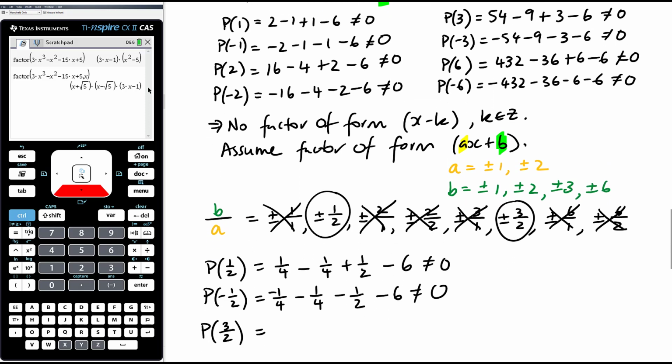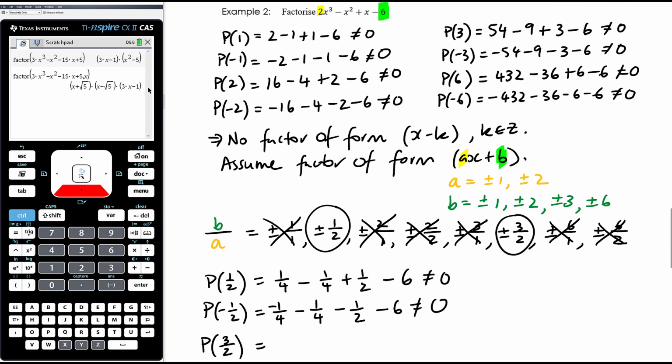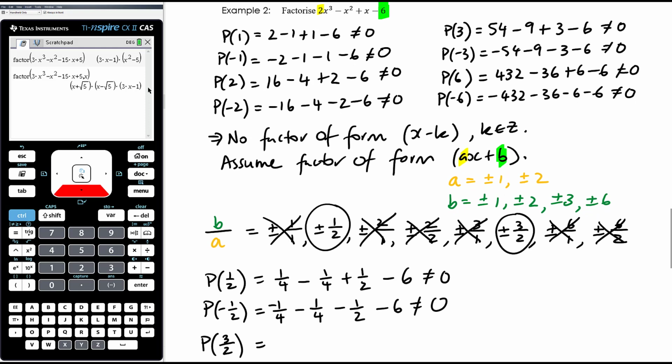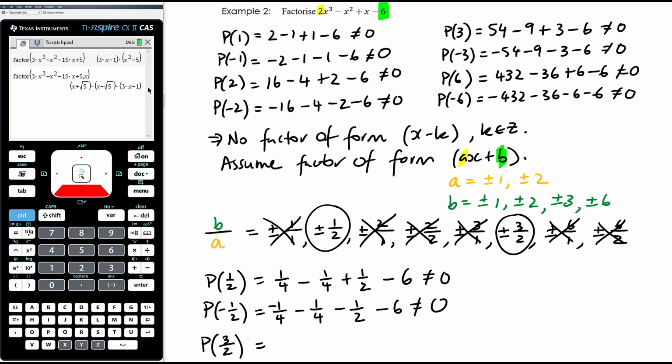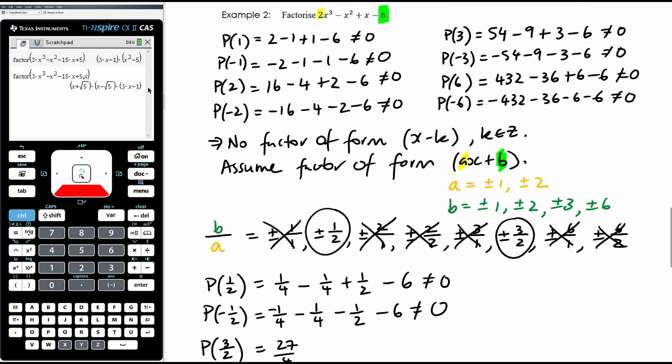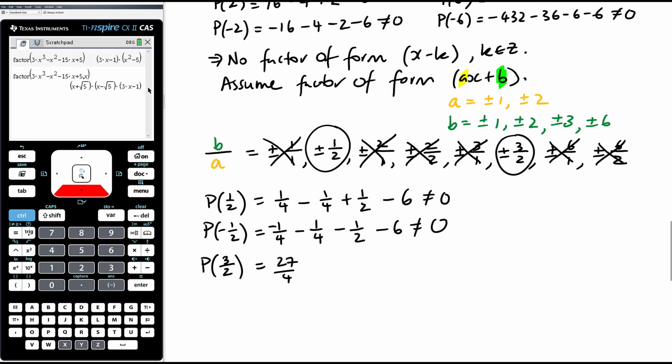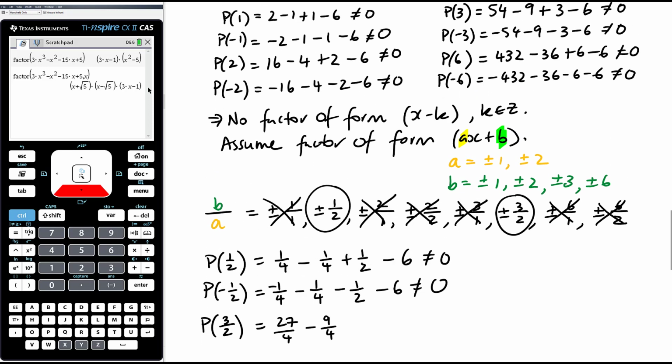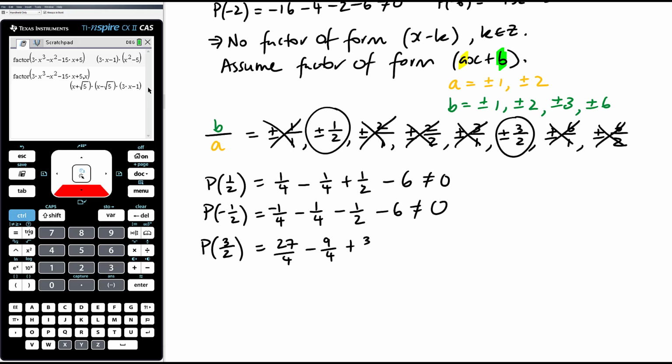So 2 times 3 on 2 all cubed. 3 on 2 all cubed is going to be 27 on 8, and multiplying that by 2 is 27 on 4. And then we're going to have minus 3 on 2 squared, so that's minus 9 on 4. And then we're going to have plus 3 on 2 and minus 6.